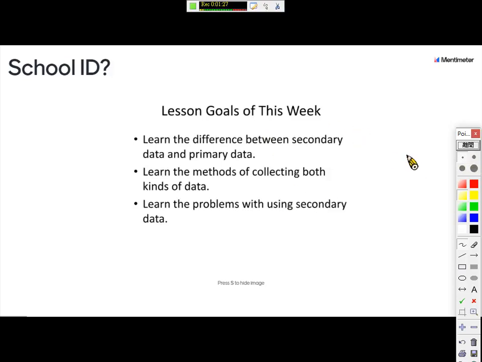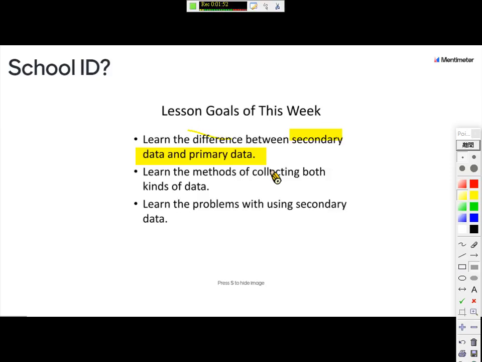In the meantime, let's talk about the lesson goals for this week. We will learn the difference between secondary data and primary data. We have two sets of data, secondary and primary. It's very important for us to know because we need to collect data, right? Data is necessary for us to answer our research problem.